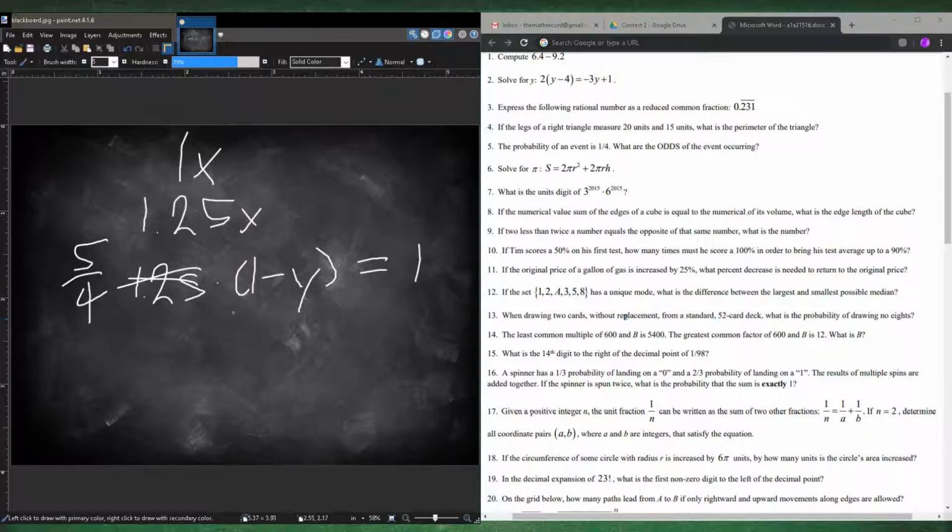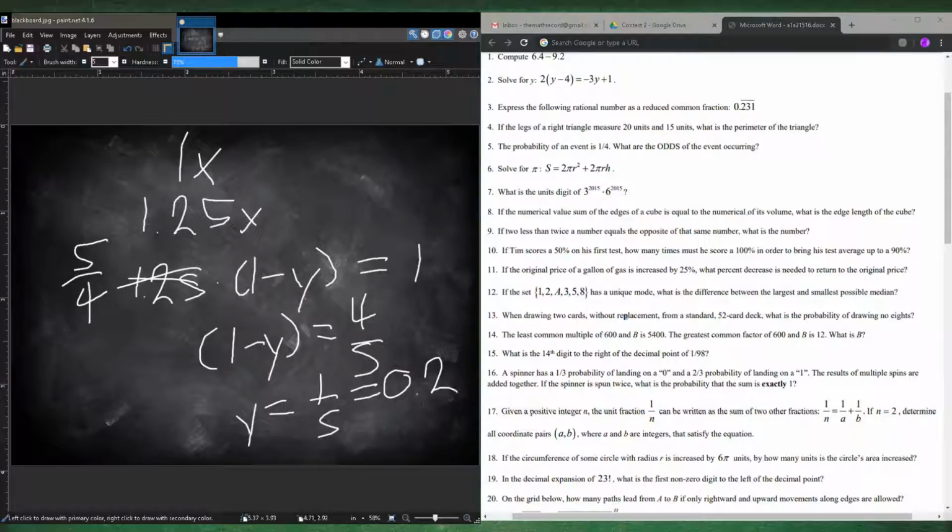So 1 divided by 5 over 4 is the same thing as 1 times 4 over 5. So 1 minus y is equal to 4 over 5, right? So y has to be equal to 1 over 5. So 1 over 5 is 0.2. So that is a 20%, basically. So 11's answer is 20%.